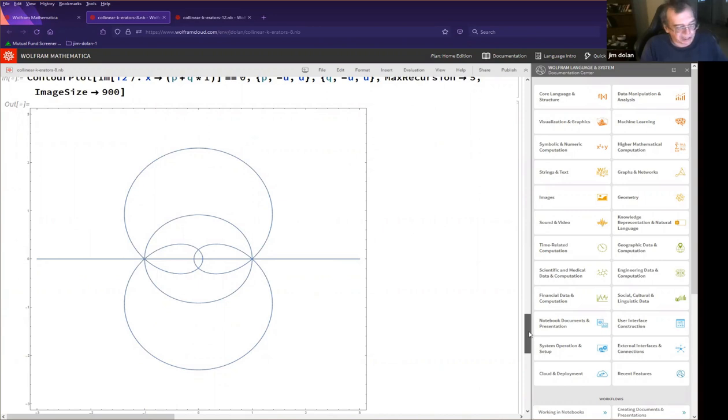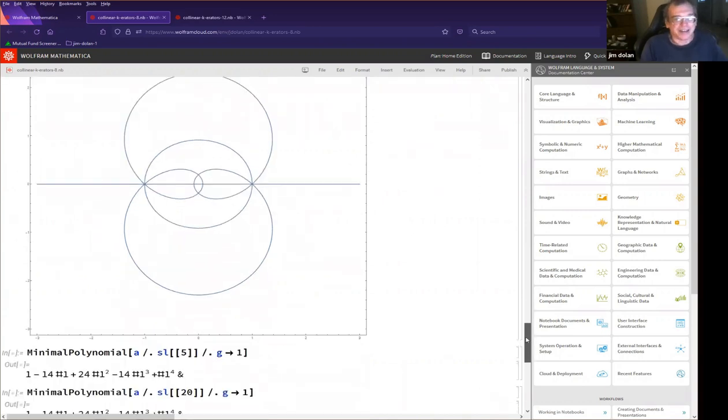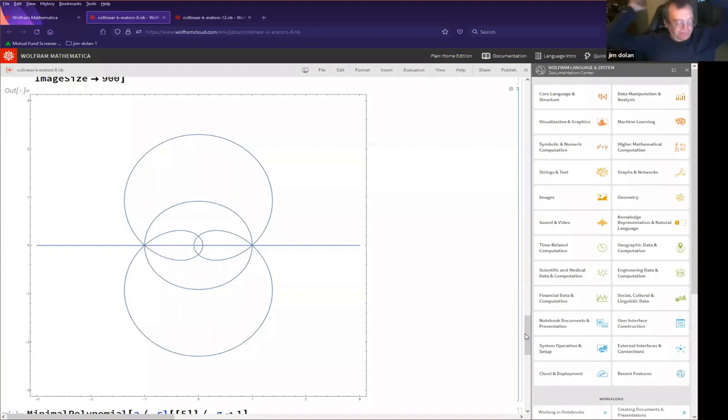So what am I doing here? The Gaussian integers are related to elliptic curves with complex multiplication by the Gaussian integers.